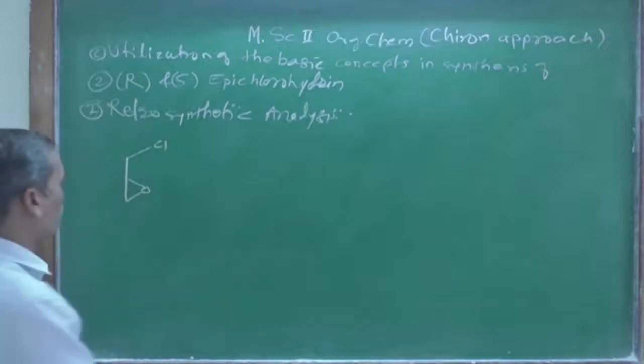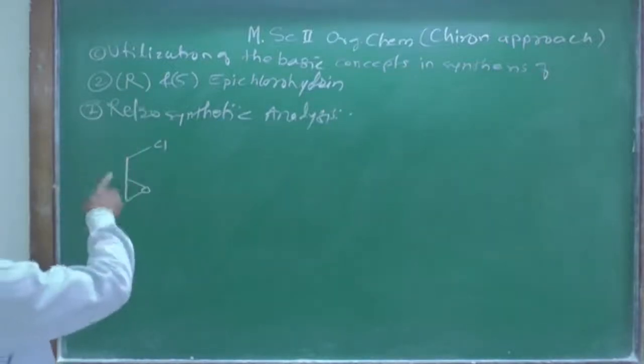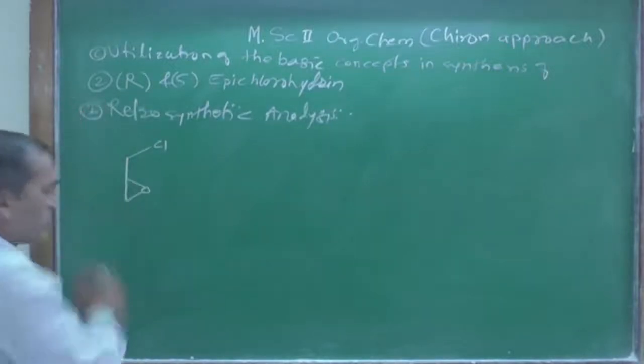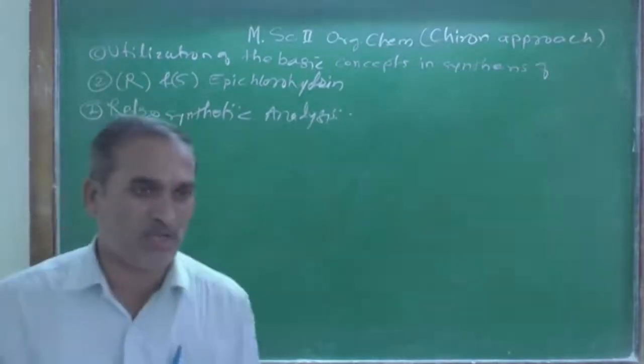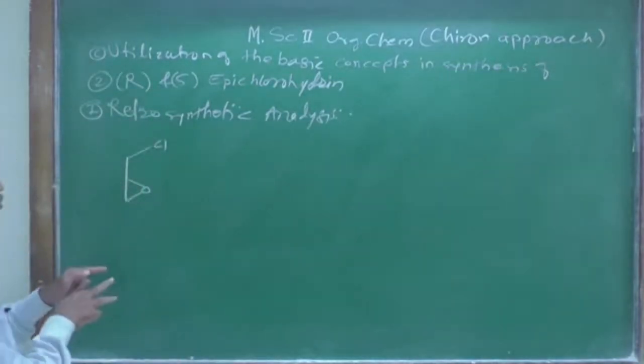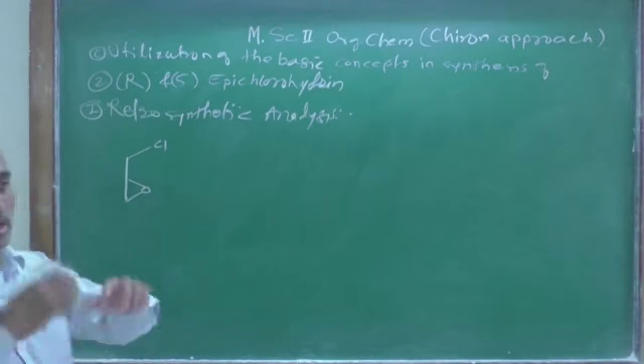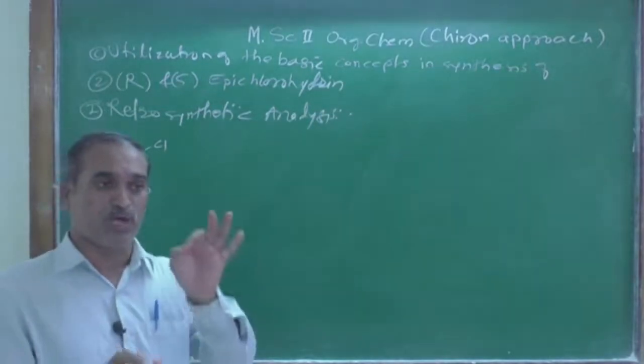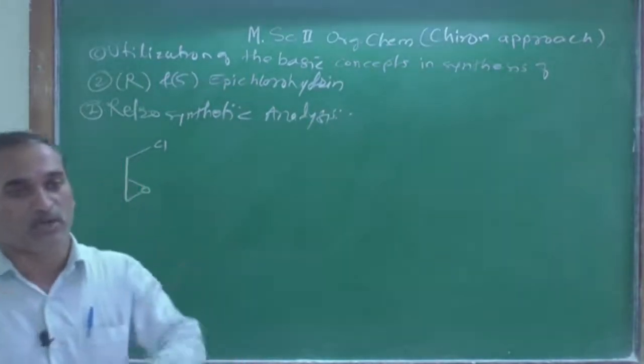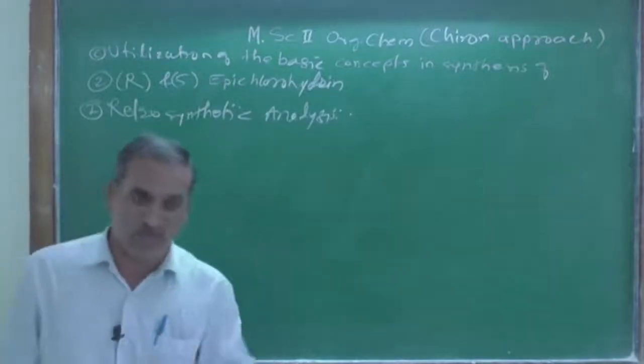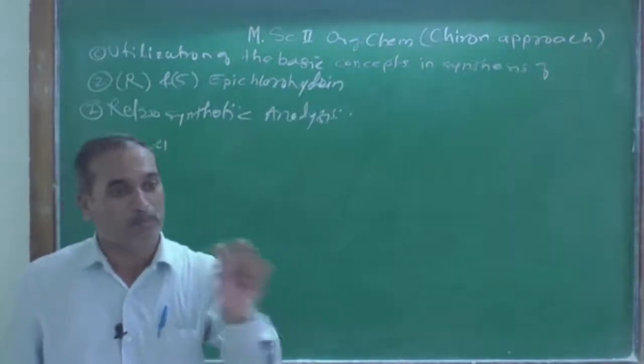This is our target molecule, epichlorohydrin. Whether it has R configuration or S configuration, how do you know? You have to give the priority numbers, and as we know, priority numbers are given on the basis of the sequence rule or CIP rule.